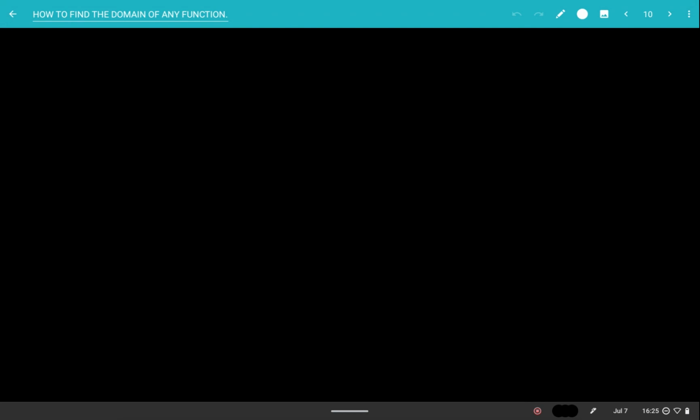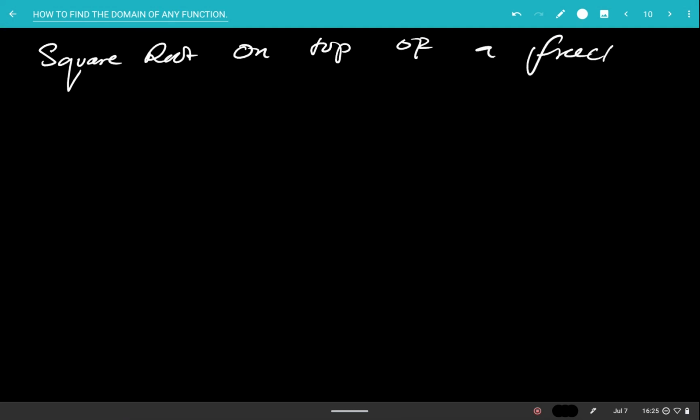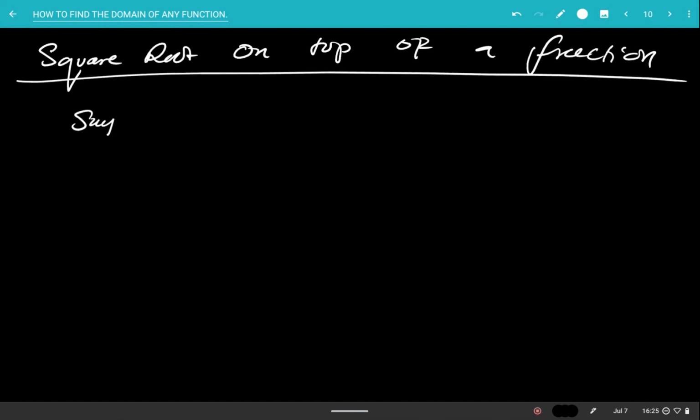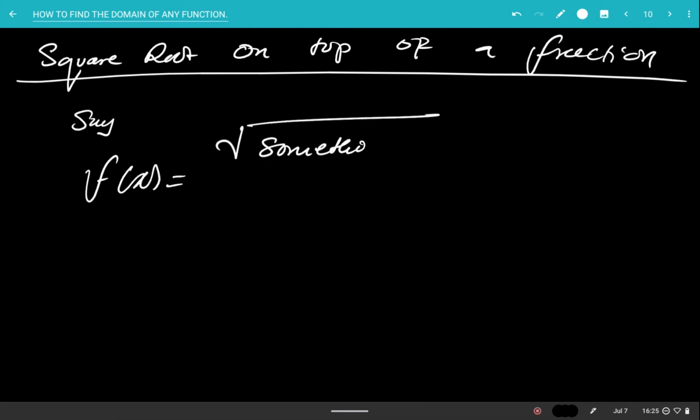Now in the last condition, what we might have is a square root on top of a fraction. Say you have f of x to be equal to the root of something over something.